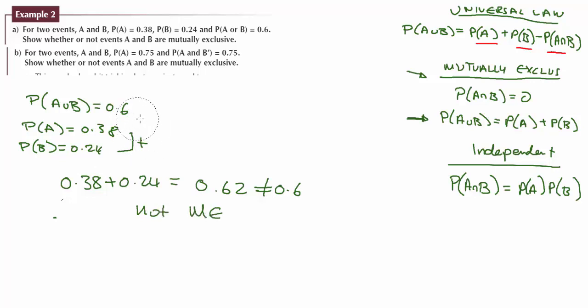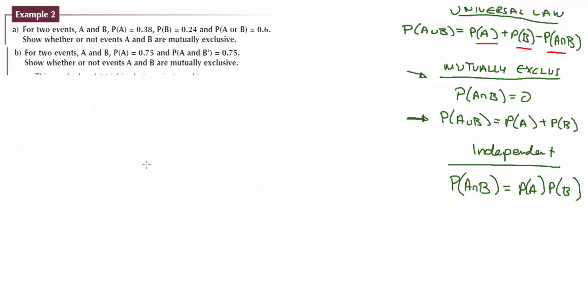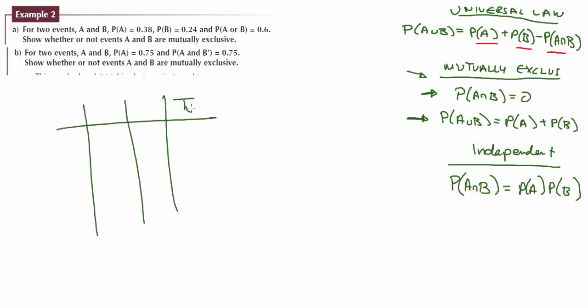The other way you could have done it, just to show you, is to show that the probability of A and B is not 0. And the way you would have done that is by a two-way table. I'm just showing you so you get a full understanding.